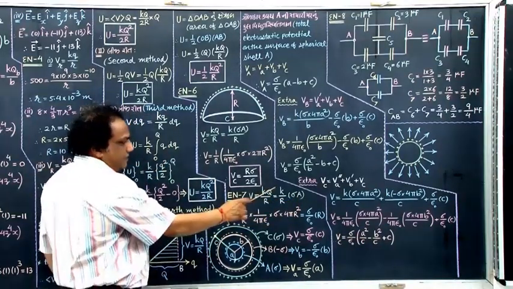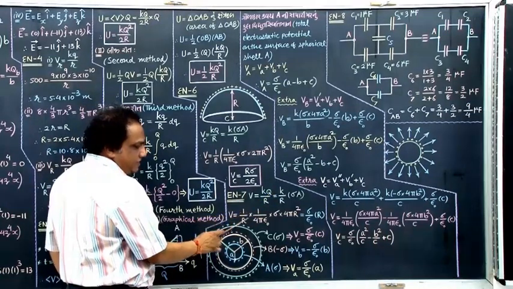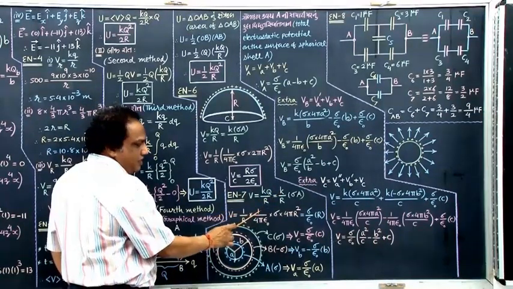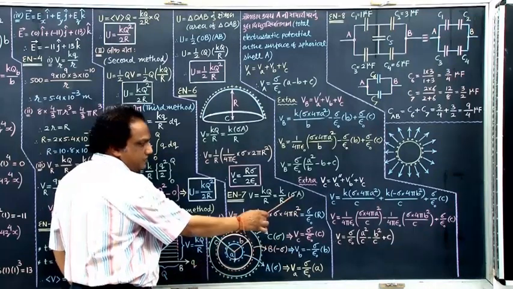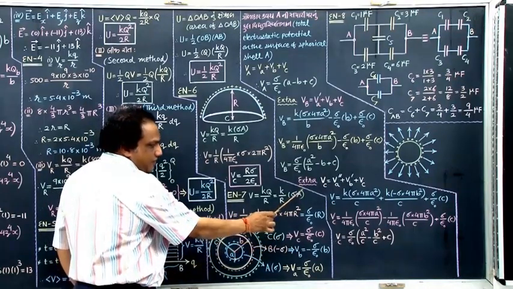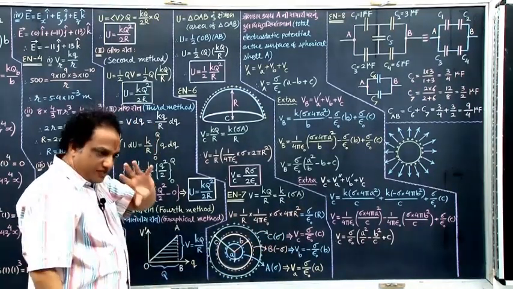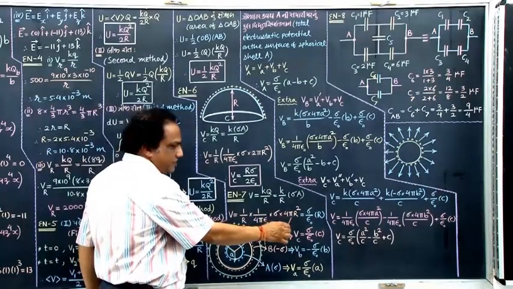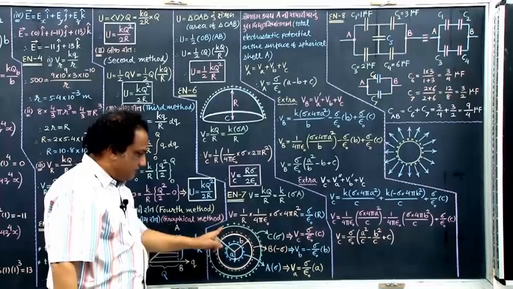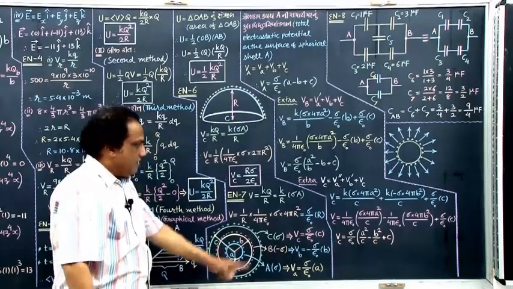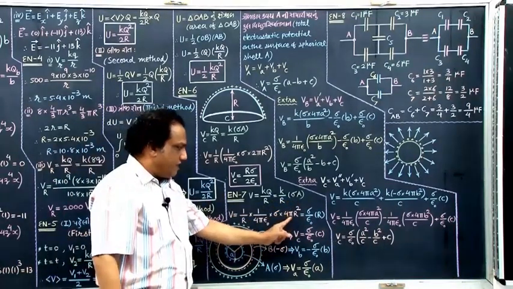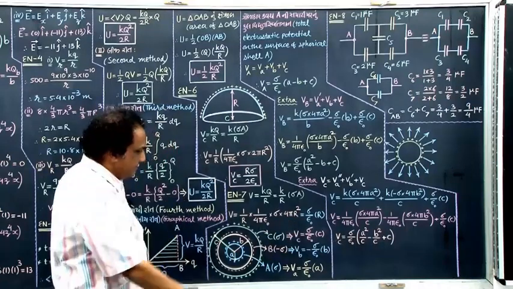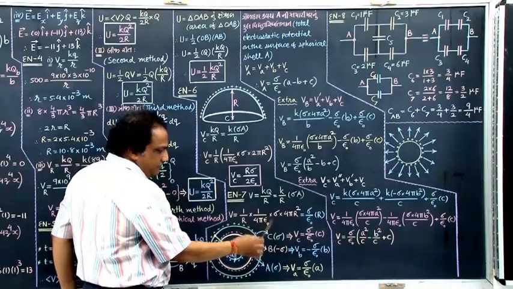Fine. Now this 1 upon R I am writing as it is. What is small k? 1 upon 4 pi epsilon 0. Sigma as it is. What about capital A? It will be surface area of complete sphere, which is 4 pi R square, right? Because we are given spherical shell. Simplify. 4 pi will cancel.